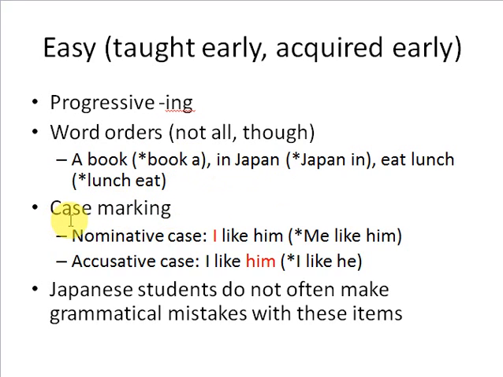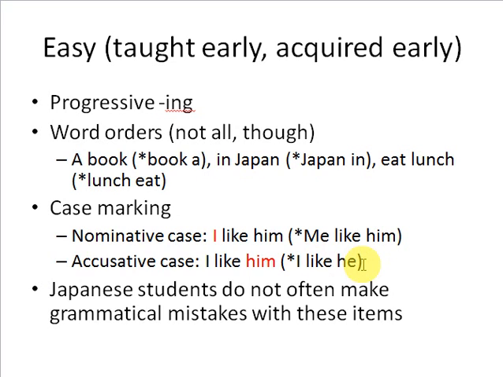And also Japanese people don't have problems with case marking. So for example, here this I is in nominative case, and we wouldn't say me like him, and this him is in accusative case, and we wouldn't say I like he.